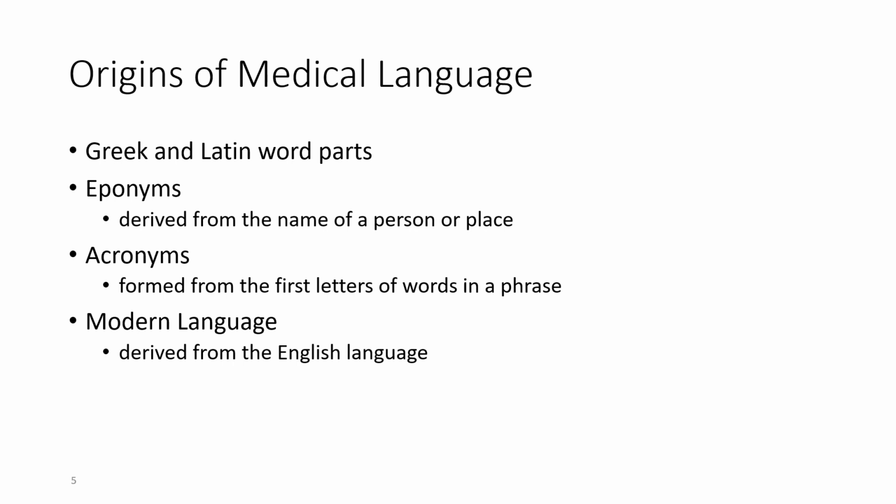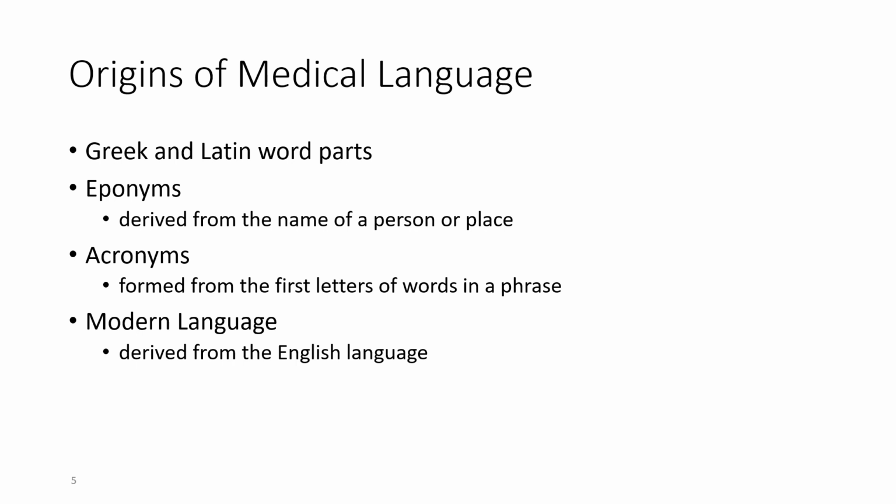But it also may be from someone who identified a particular disease, such as Alzheimer's disease. And it might also be someone who designed a certain instrument. So it's giving that person the prominence of their discovery, really. But that would be an eponym.